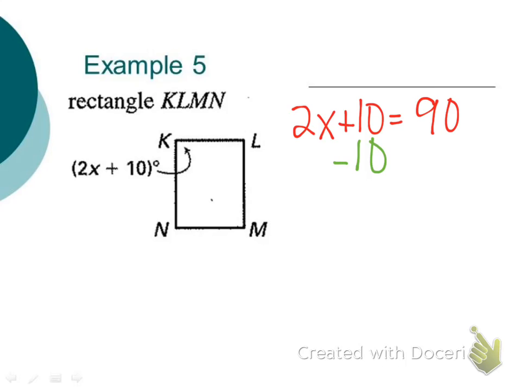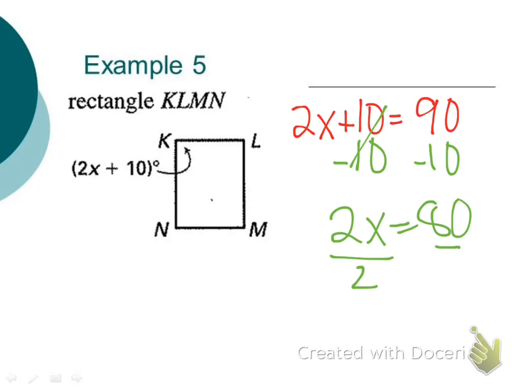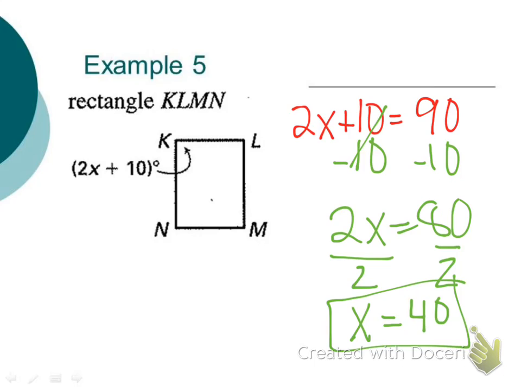So I'm going to subtract the 10 from both sides. So 2x equals 80. And then what's x going to equal? 40. Very good. What questions do you guys have for example 5?